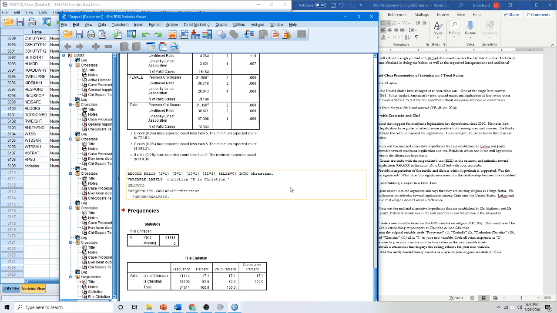Right at a glance, I can say that makes a lot of sense, because I know that this sample from the GSS is solely Americans, and it goes from 1972 all the way till basically today, I think until 2018, or at least 2016. So that sounds about right: about 83% identifying as some sort of Christian among Americans throughout that time frame. And so it looks like we created a variable that is perfectly valid.